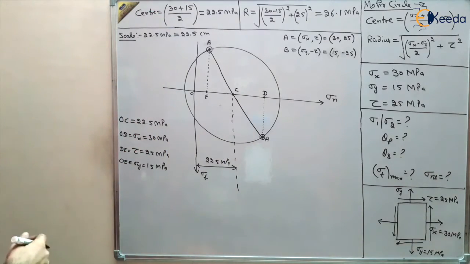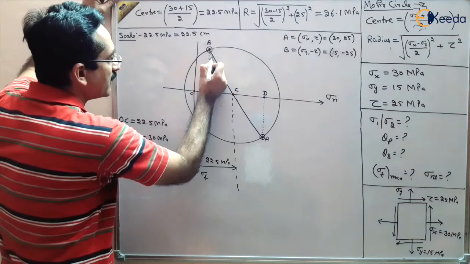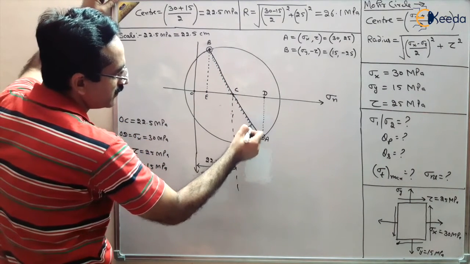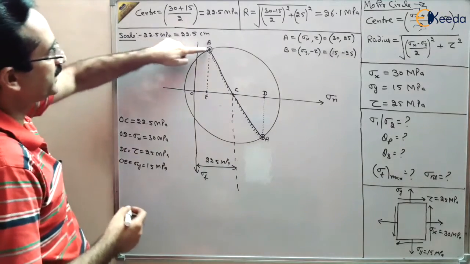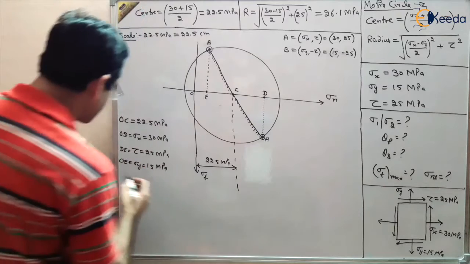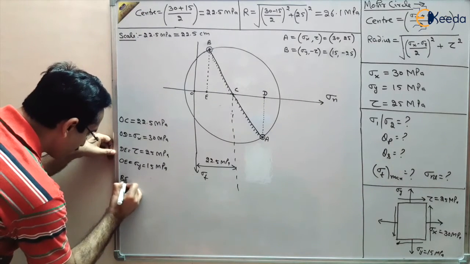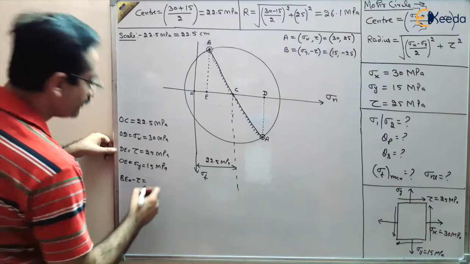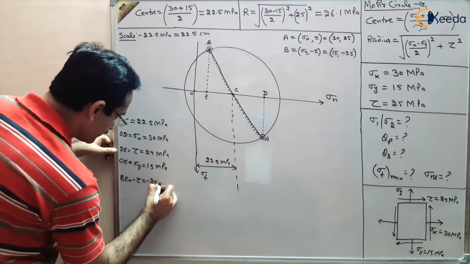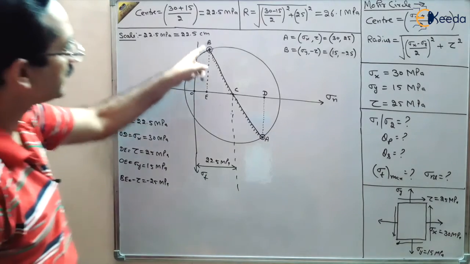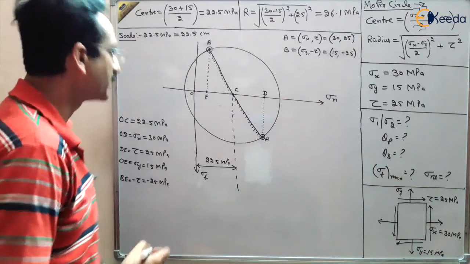Is it okay? So this is our reference line, and this BE will be the shear stress again, which is negative shear stress. So BE is basically minus tau, which is equal to minus 25 megapascal, right? So we have achieved the line AB.